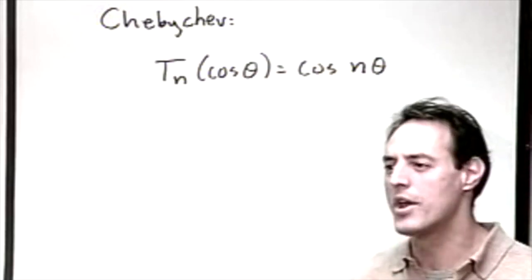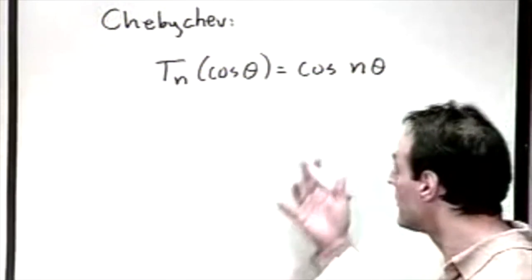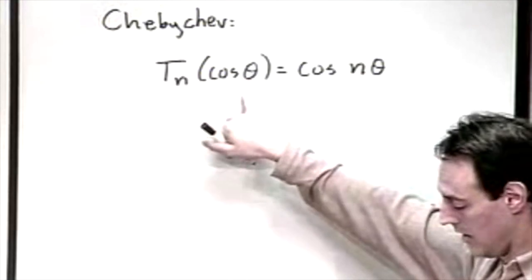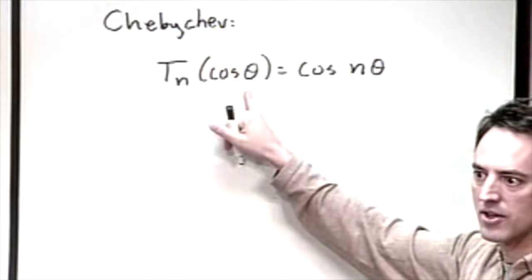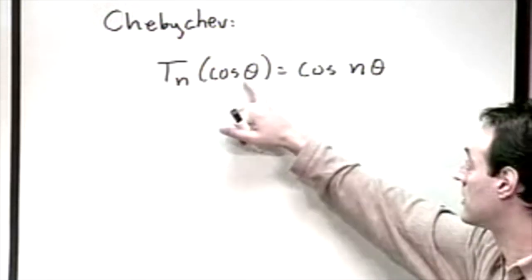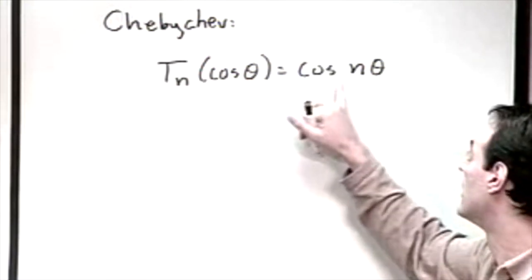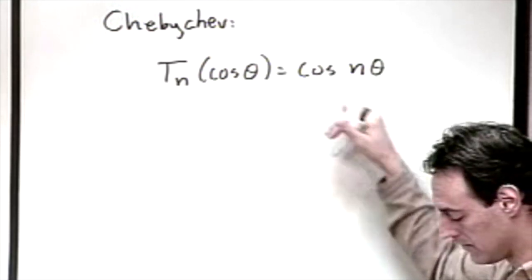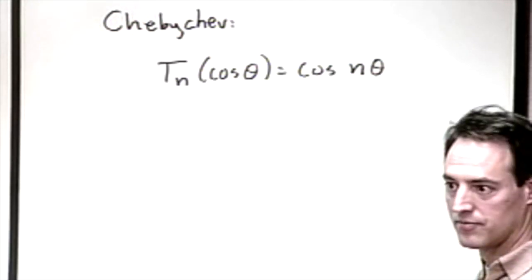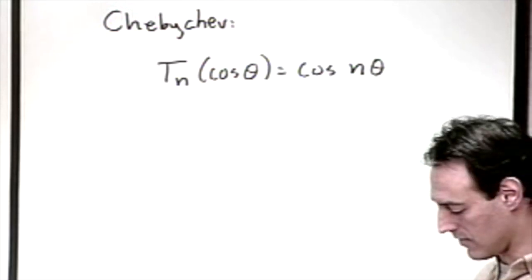Now this is kind of an odd way to write this thing, by the way, but this is the definition. Instead of writing x here, I've written cosine theta, but the nth polynomial is like, take this argument, if it was cosine theta, cosine n theta. Okay? So, what does this give?